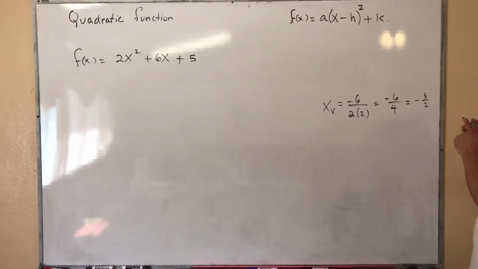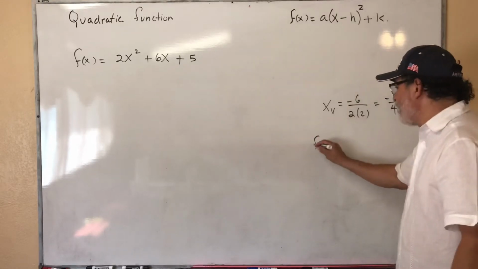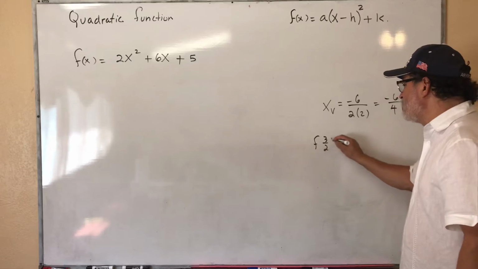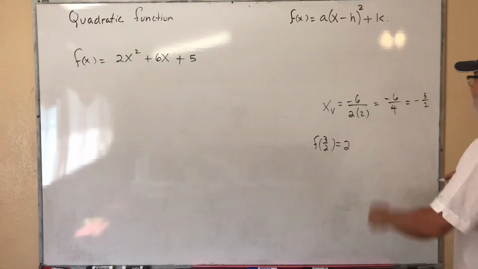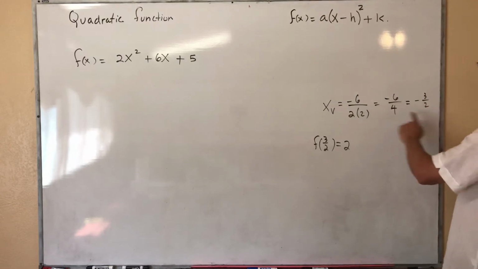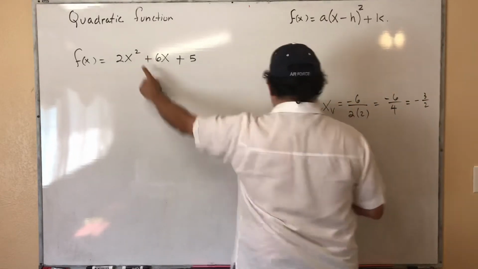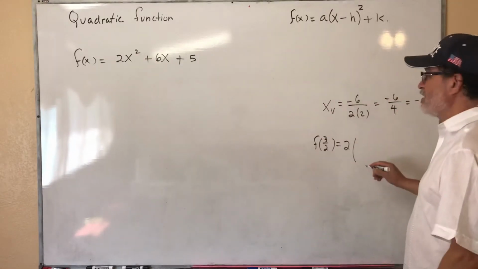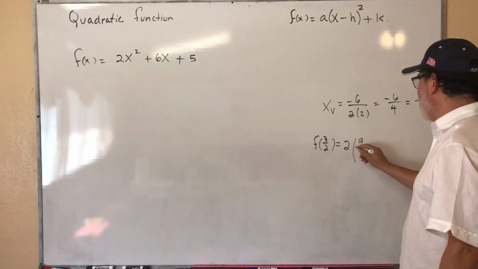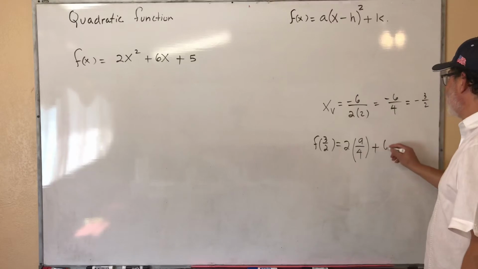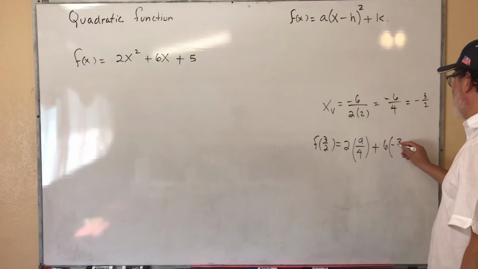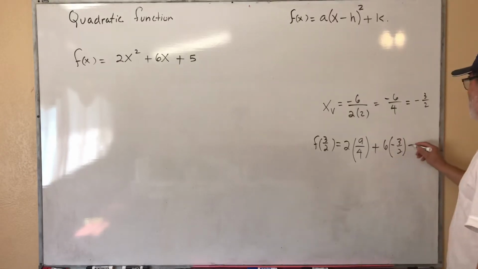You can plug this into the function. You can do that. F of negative 3 over 2. Watch this. That's 2 times, and what's negative 3 over 2 squared? 9/4, plus 6 times negative 3 over 2 plus 5.